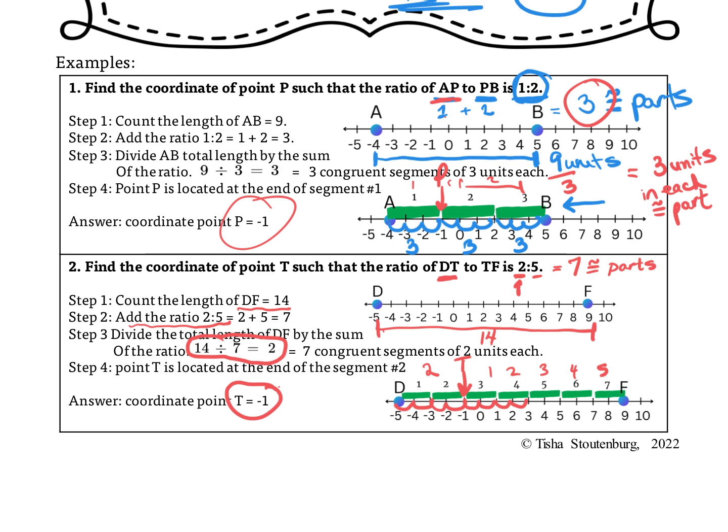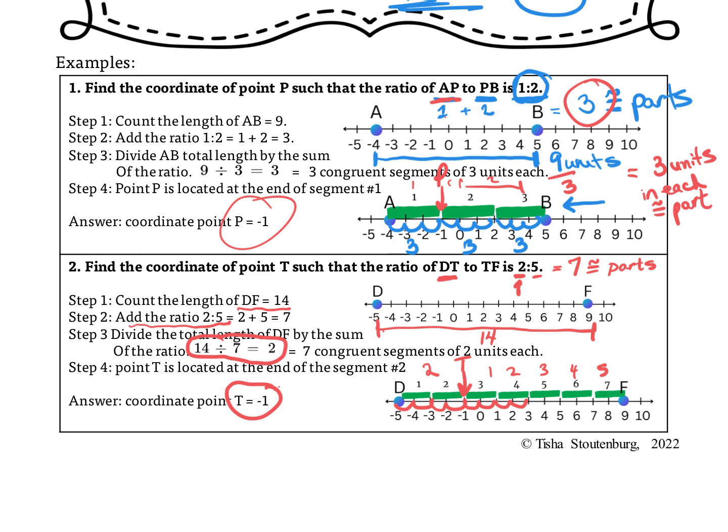Then from there, to be able to actually divide up the line segment into those 7 congruent pieces, I need to know how many units are going to be in each piece so I have the correct number of congruent pieces.